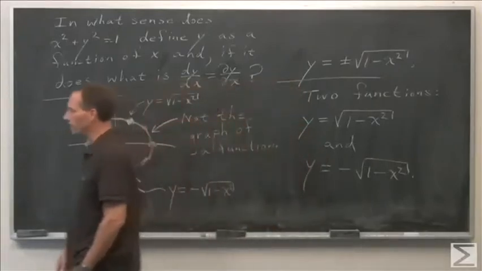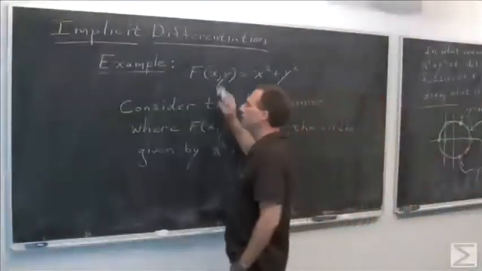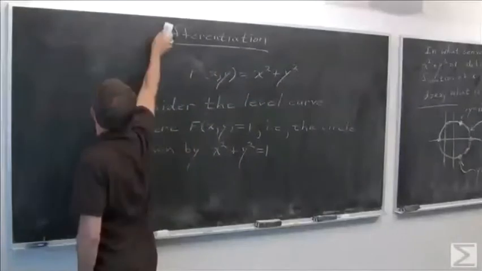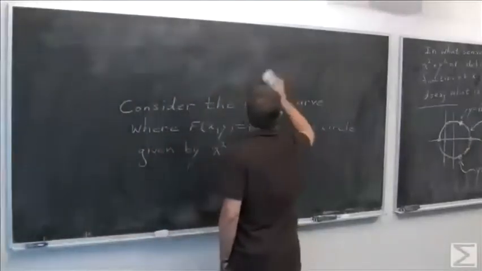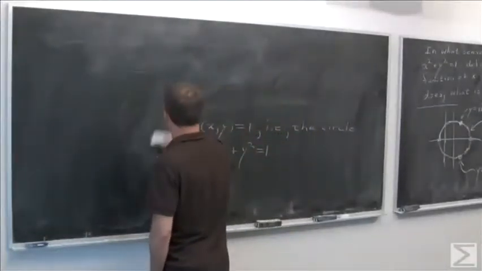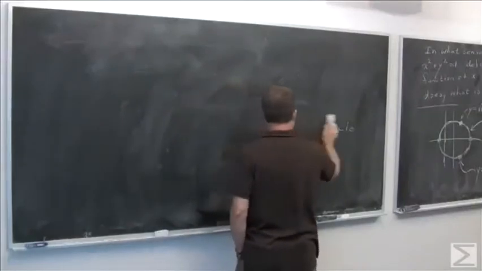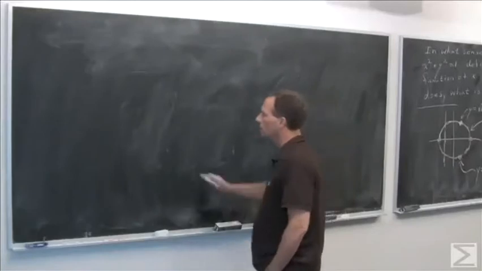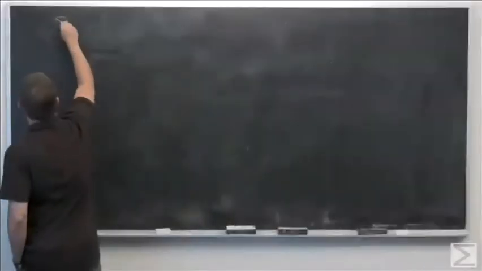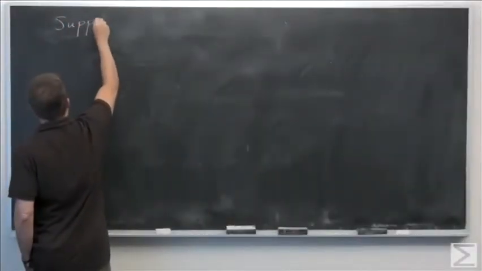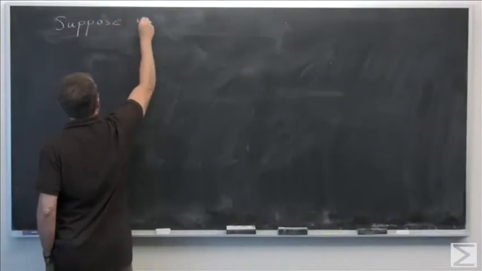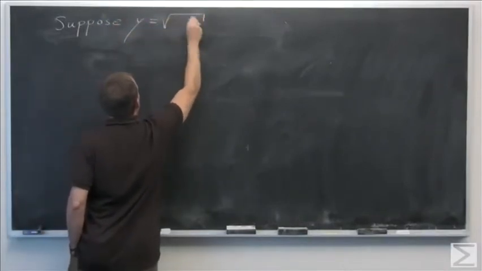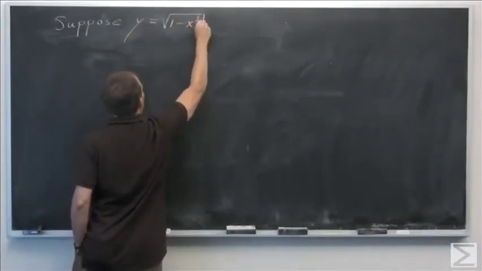So I want to do that so that we can see the kind of formulas we're headed towards. So suppose y equals the square root of 1 minus x squared.